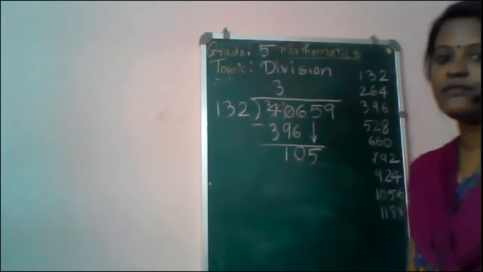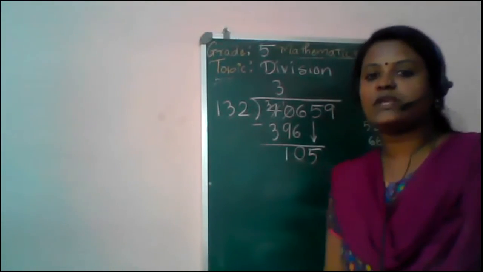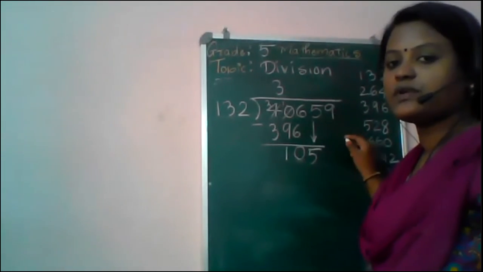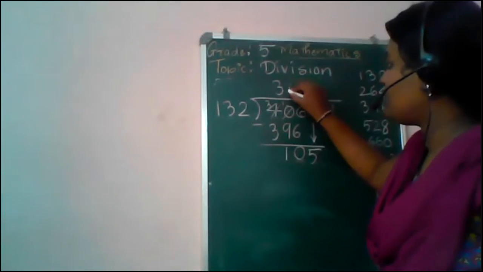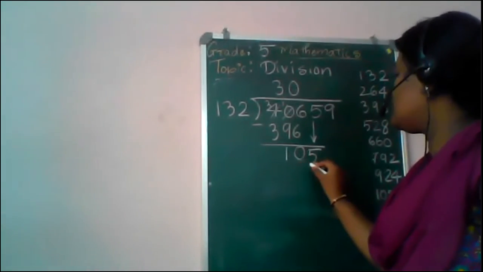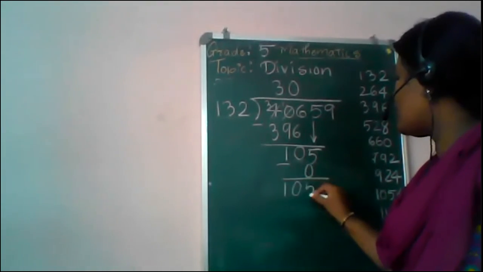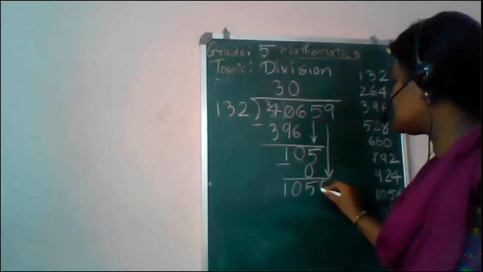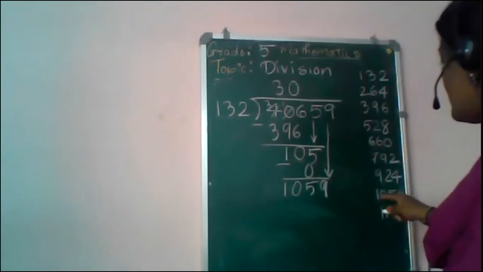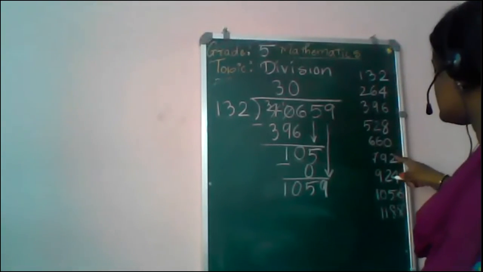Now 105, and when we compare with 132, it is a less number. So we need to take a number below. In order to take the next digit, I need to first complete the division by multiplying with 0. So 132 zeros are 0, and we subtract, we have 105, and bring down the next digit 9. 1059, we need to divide and check: 1, 2, 3, 4, 5, 6, 7, 8.